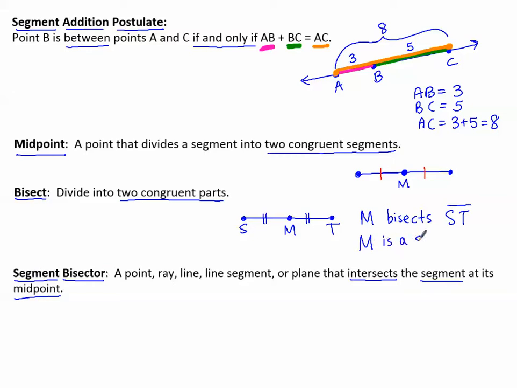M is a segment bisector of segment ST. Saying bisects is the verb, being a segment bisector is what it is, the noun.